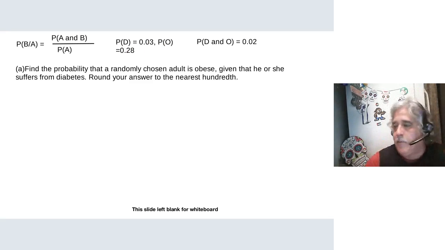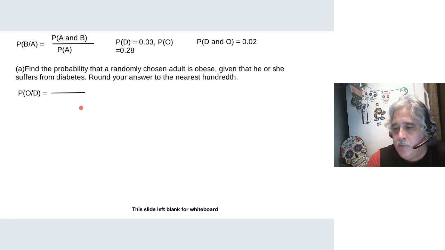Now, what I'm going to do is write that out by hand, and put it the way that it was asked for. Probability of obese given they had diabetes. So what does that mean? Well, it means on the top, I'll put the bottom first.